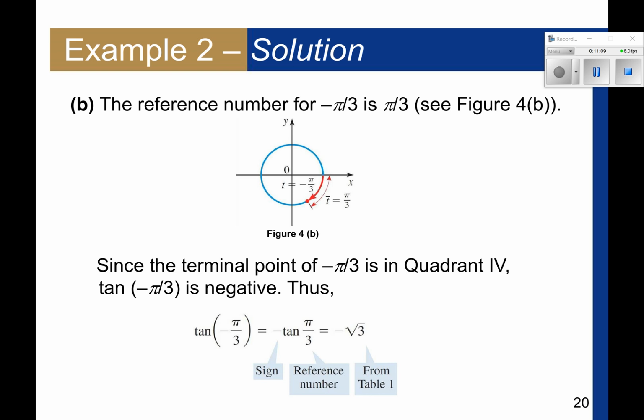Tangent in quadrant 4 should be negative, so we can say that the tangent of negative pi over 3 is equal to the negative of tangent of positive pi over 3. From our note card, tangent of pi over 3 is square root of 3. So the tangent of negative pi over 3 is negative square root of 3.